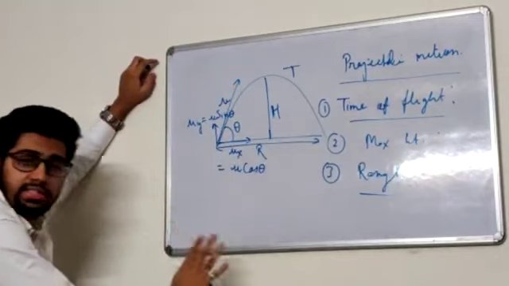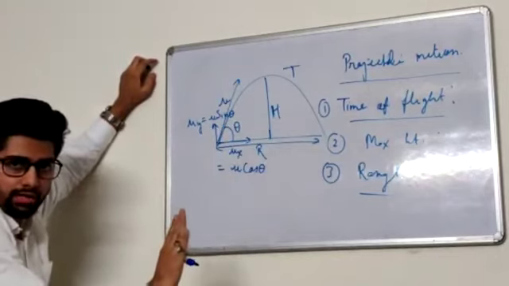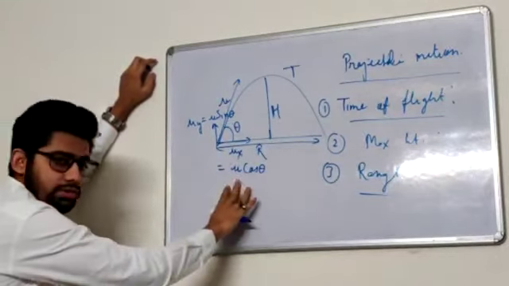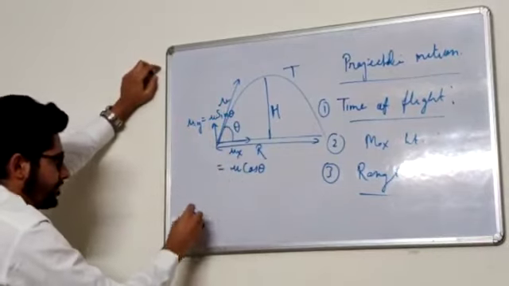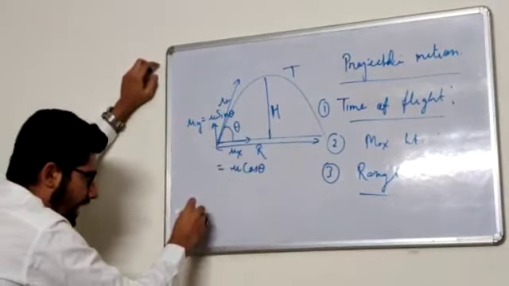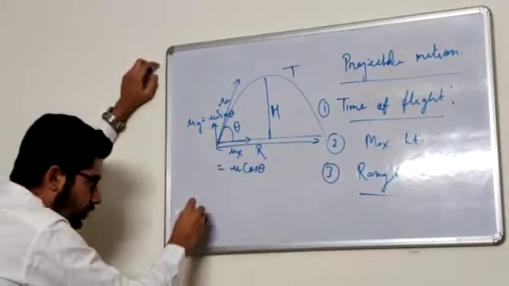So now you can see that there is no role of u cos theta in the particle going in the upward direction. So basically, in order to calculate capital T, we are focused on uy.